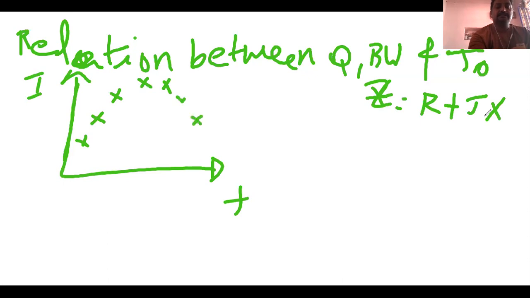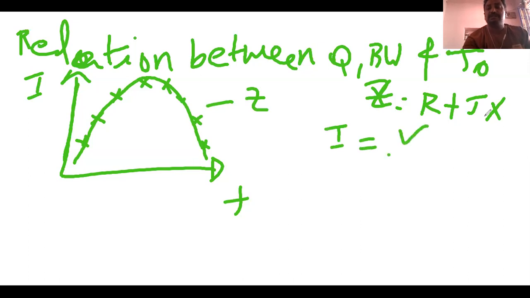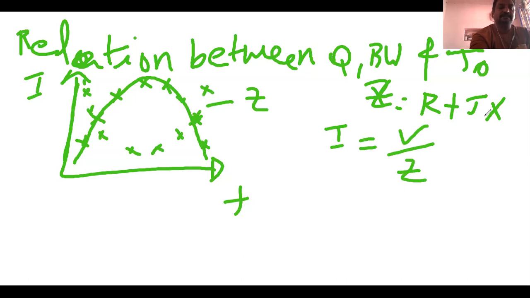So this is about the Z value. Then I is equal to V by Z. If Z is a minimum value, then the current is the maximum value, and the current changes like this.